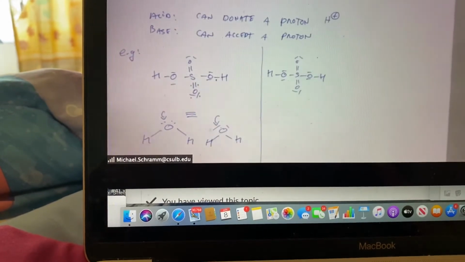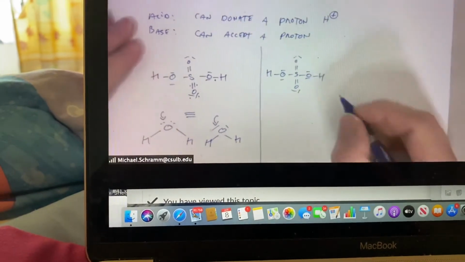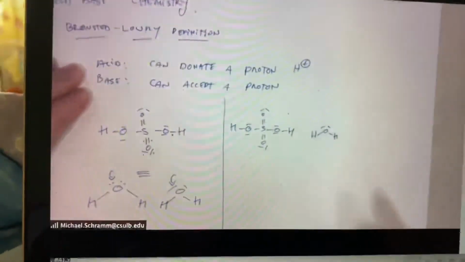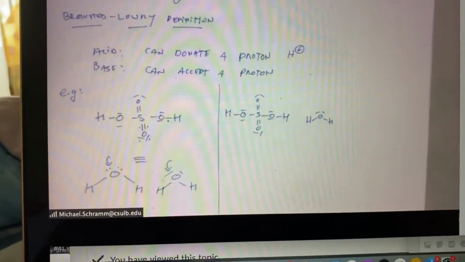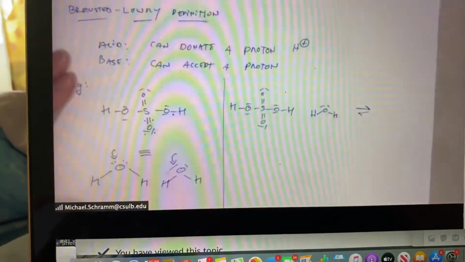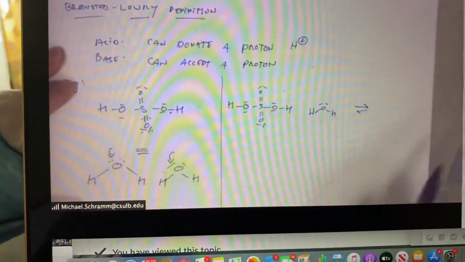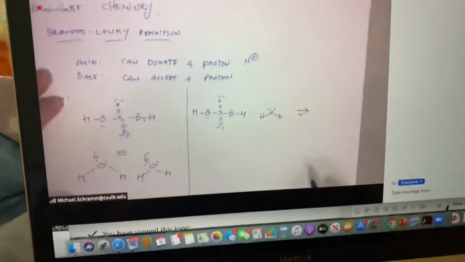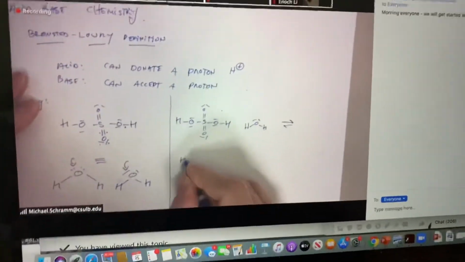Okay. So we're going to do an acid-base reaction with sulfuric acid and water. So we're just going to draw these 2 particular species, and they're going to be in equilibrium. And I kind of ran out of space here. If you want to keep going to the right on your sheet of paper, no problem. But I'm going to draw this right below it.